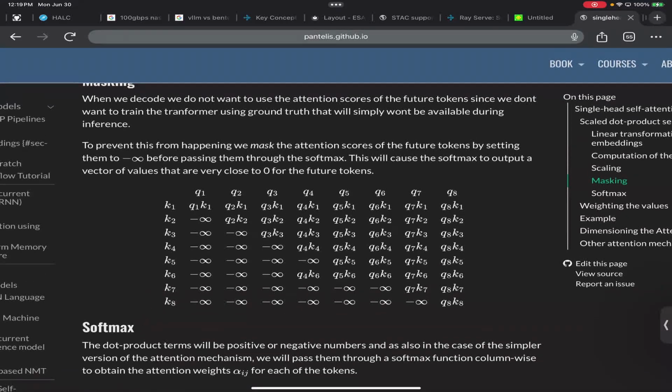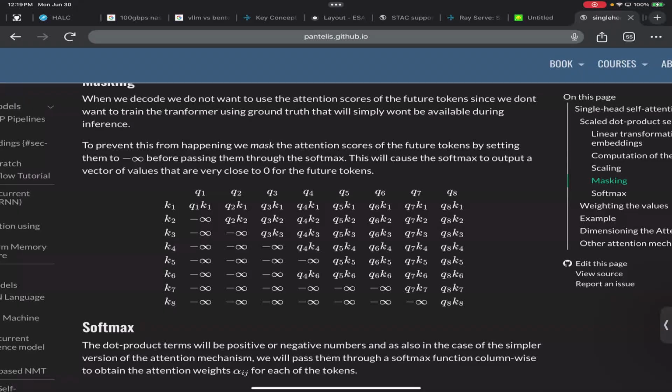When we want to decode, and let's say we are at the third token right now, and we issue a query, let's say Q3, definitely we would like to receive help when we train the network from all the tokens that precede the third position.